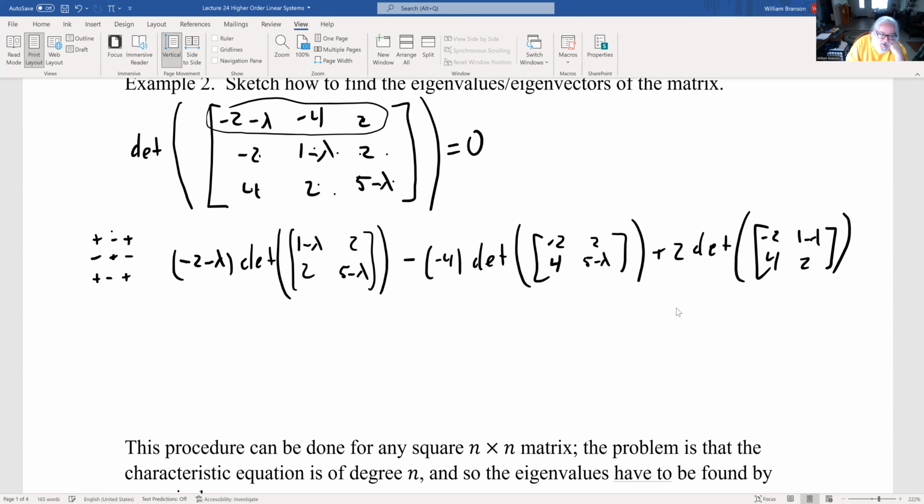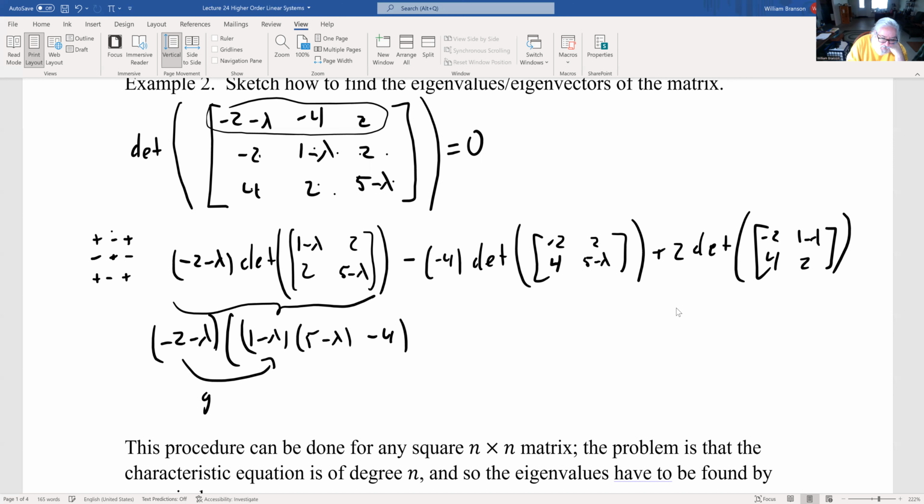And we're not going to calculate that out, except we want to point out that in this term, you get -2 minus lambda times the quantity 1 minus lambda times 5 minus lambda, minus 4. And when you distribute this, you'll end up with a lambda cubed term.